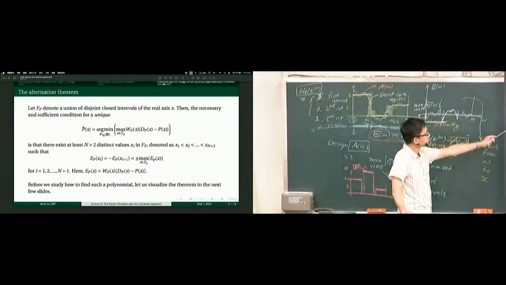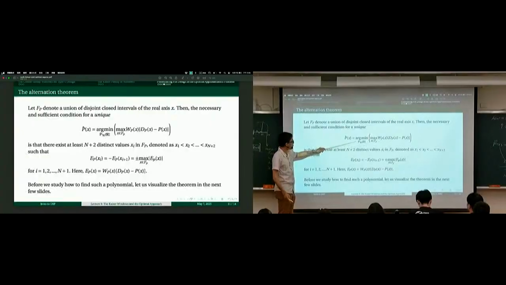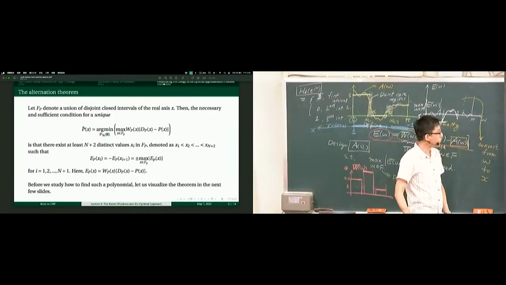If you're searching in the vector space of nth order polynomials, this kind of problem has a unique optimal solution. And this is a theorem. And there's a necessary and sufficient condition for this unique optimal polynomial. The condition is called the alternation theorem.